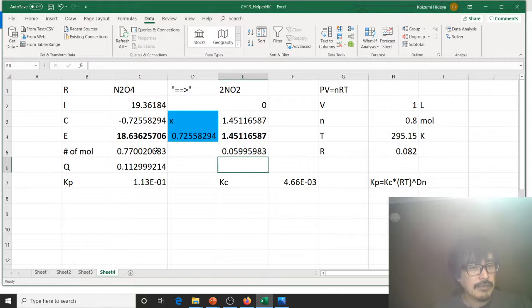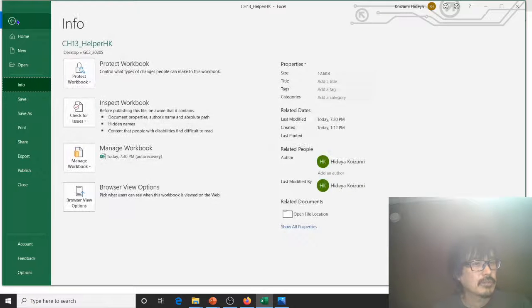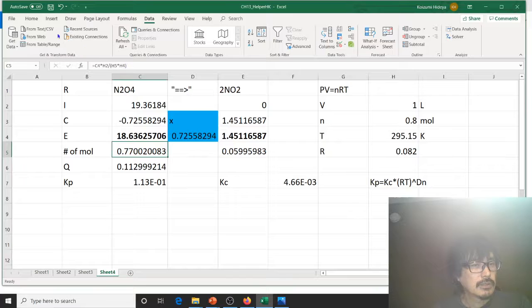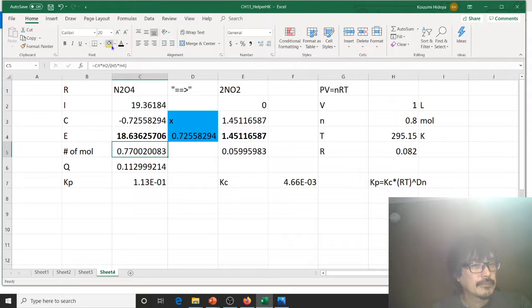You see that one right here? That's the number of mole here. Now if you try to convert this one to the molarity, the M, then this one right here is the number of mole in 1 liter. So it's also M, right?